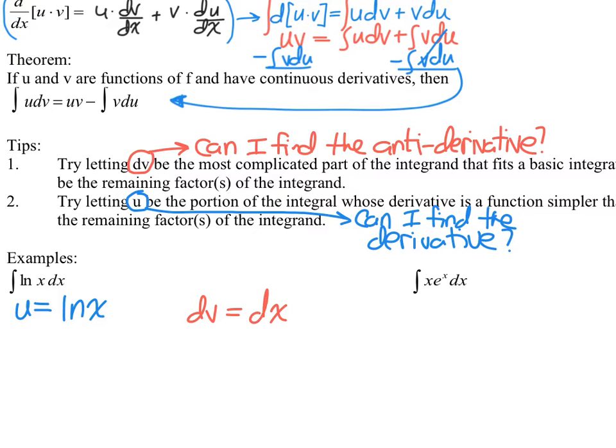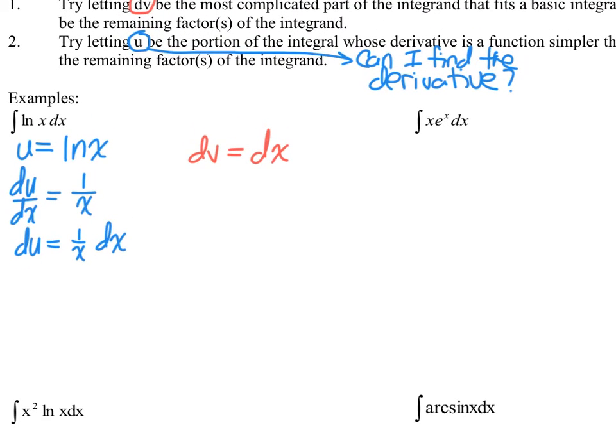All right. So for the u equation, I'm going to take its derivative with respect to x. So that's going to become du dx equals 1 over x. Clean it up, just like we would with u sub. It becomes 1 over x dx. And just like with u sub, you can skip that middle step if you want. Not required.